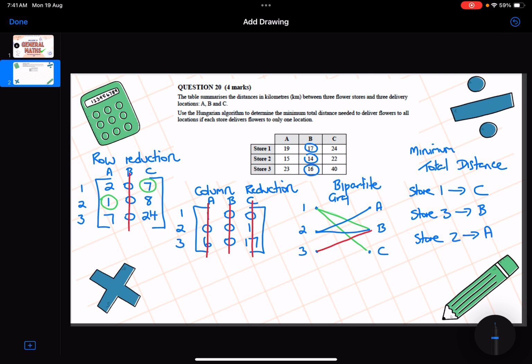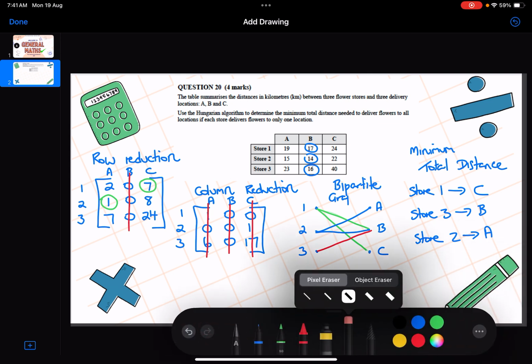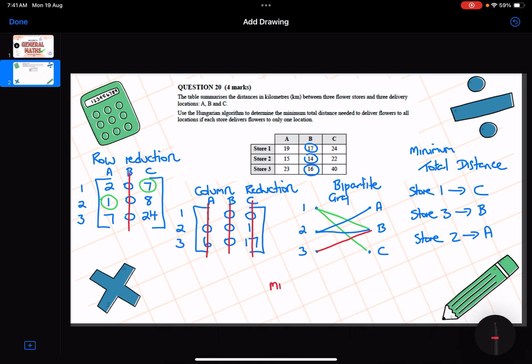The question says, determine the minimum total distance. So to finish off the question, we need the minimum total distance equals. Store 1 was with location C. Back to our original question, store 1, location C was 24 kilometres.